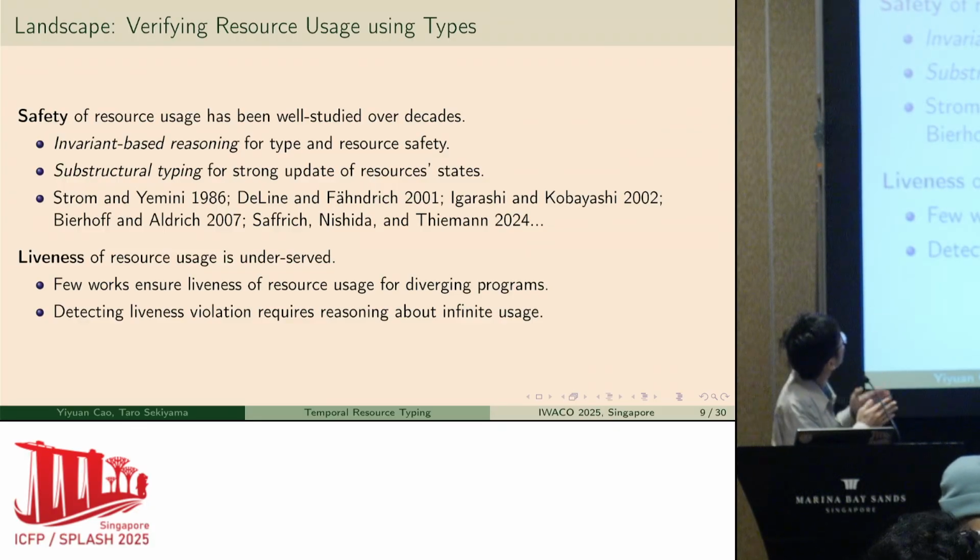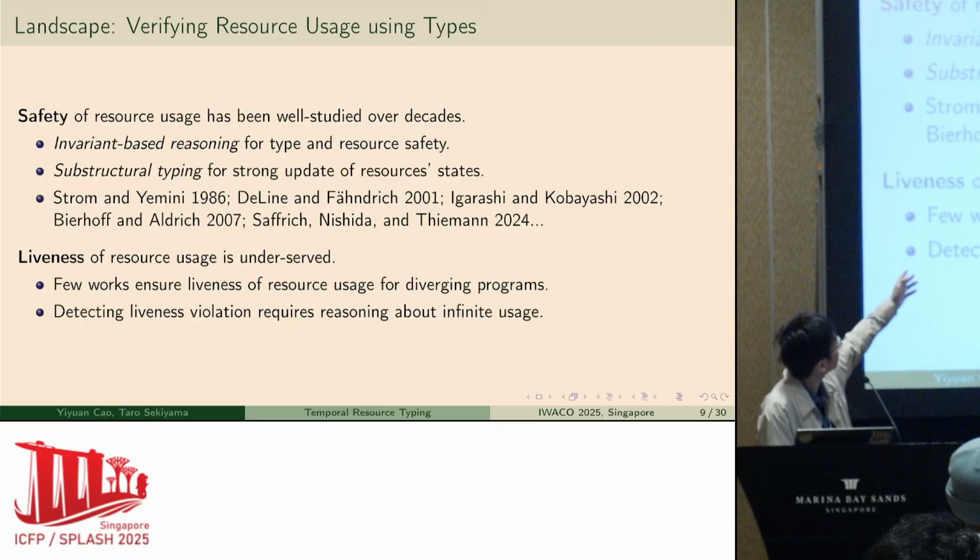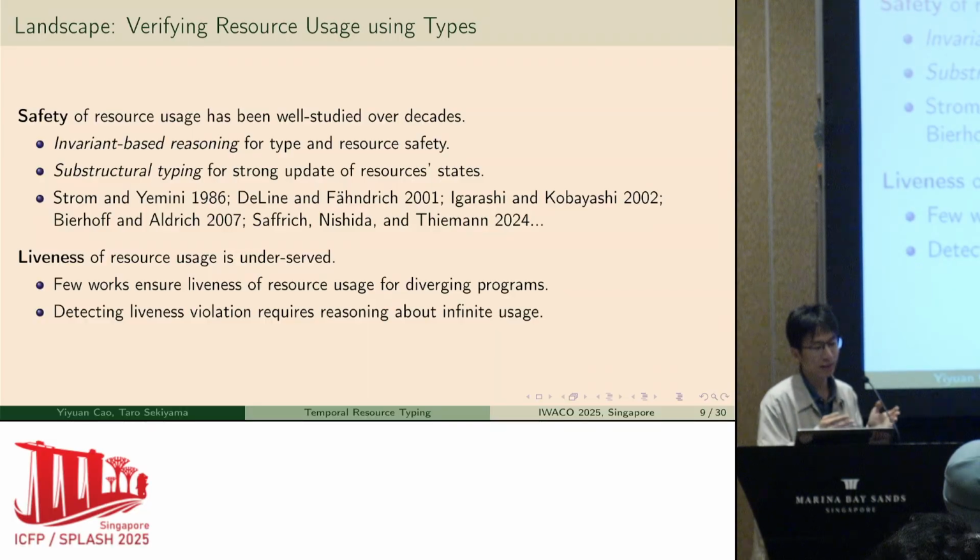Let me first show you the landscape of type-based solutions for resource usage verification. Overall, I think in the current literature, type-based approaches mostly focus on safety, but not liveness. These type systems usually, first, apply invariant-based reasoning to prove type and resource safety.